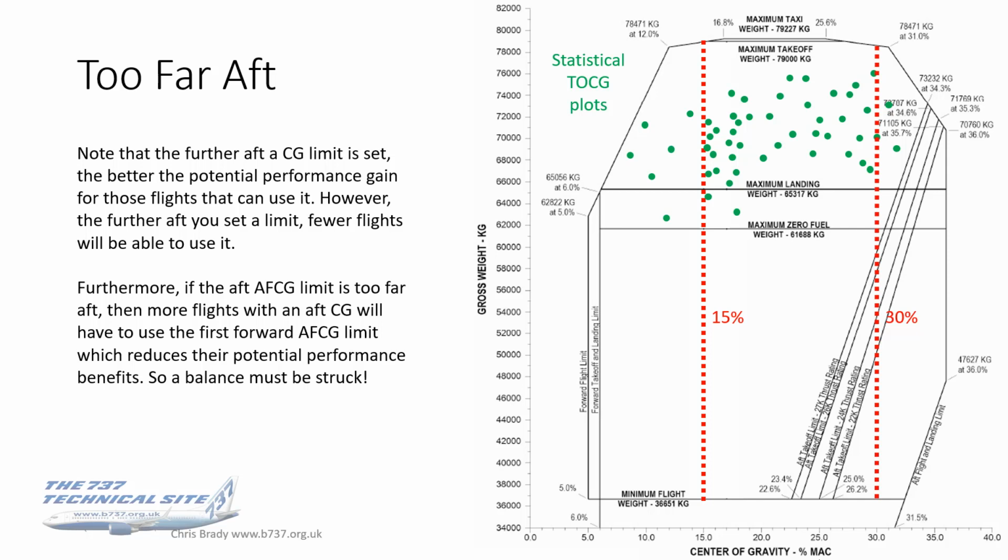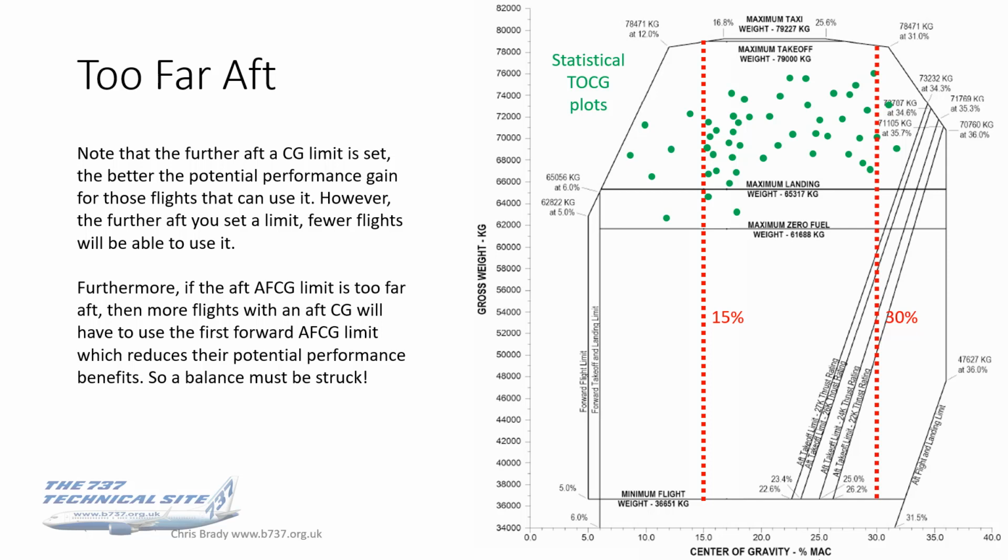Now, the drawback to that, apart from to those 2 flights, is that if the aft alternate forward CG limit, i.e. the 30% one in this example, is too far aft, then more flights with an aft CG will have to use the first forward AFCG limit, which reduces their potential performance benefits. So a balance has got to be struck.